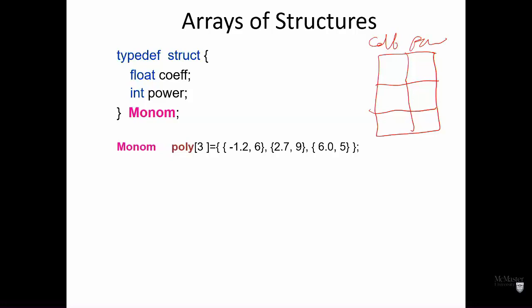So inside each entry of the array, this is poly 0, 1, 2, right? So each one is a structure which has 2 members, so when you initialize it, this will go to the coefficient, this will go to the power, etc. Right? Is there any question? Okay.